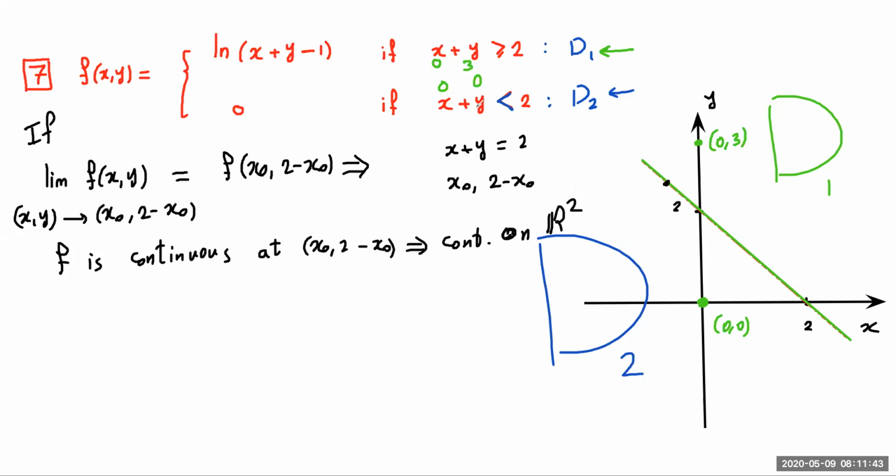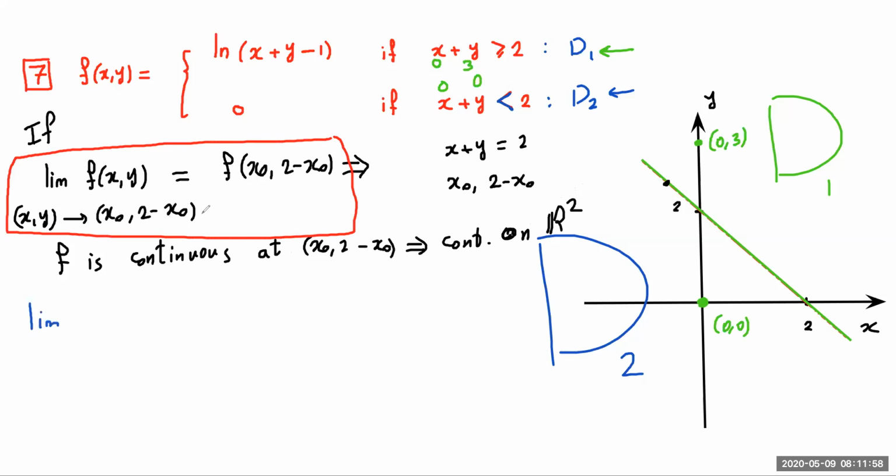Okay, let's calculate this limit now. Let's verify, is it correct, yes or not? What is f(x0, 2 minus x0)? If I take x0 plus, this is x and this is y.